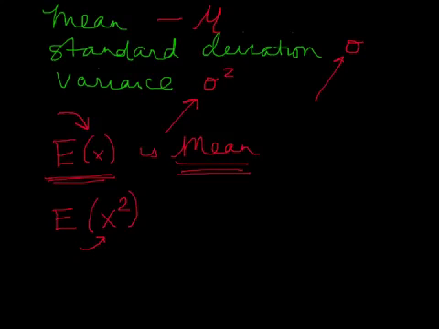So you're going to do the expected value of x squared, and you're going to subtract the expected value of just x, so that's the mean, only you're going to take that expression and square it. And no, these don't give the same value. It looks like they will, but they won't. Anyway, we won't get into that. So that's the formula right there, and that gives you the variance.